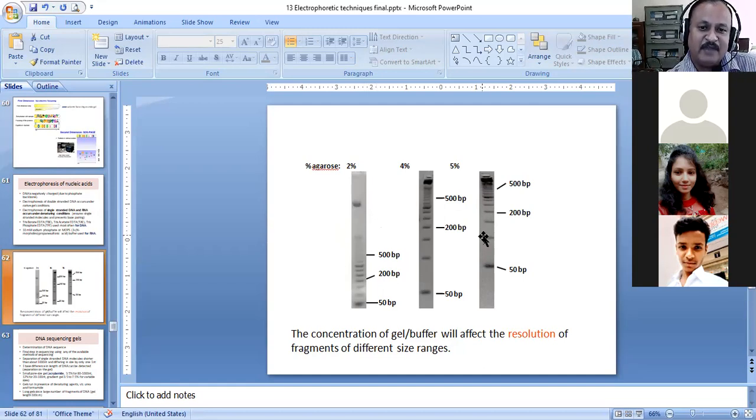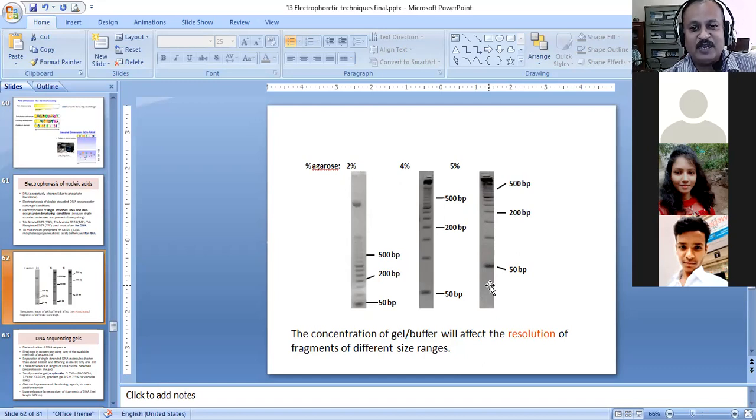On the other hand, when the concentration of the gel is more, that is, pore size is less, you can expect that the movement of large molecules will be slow.